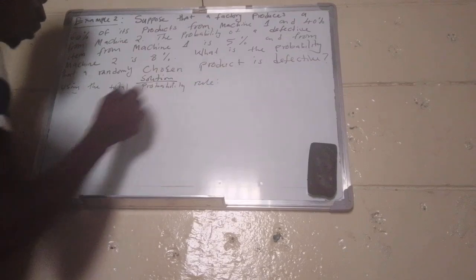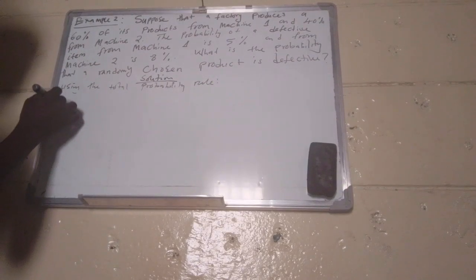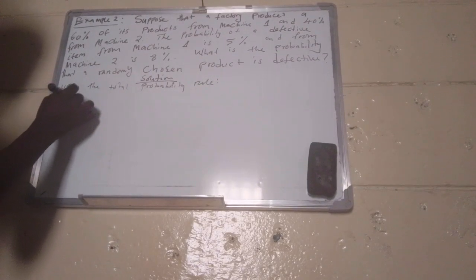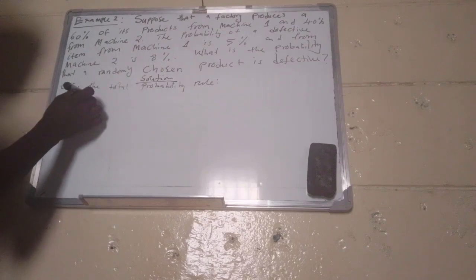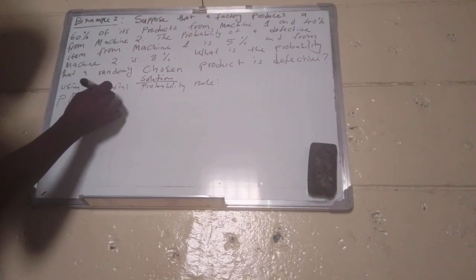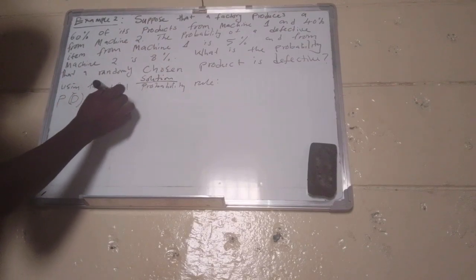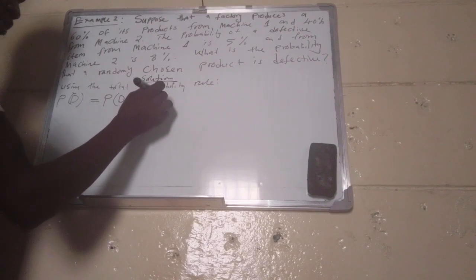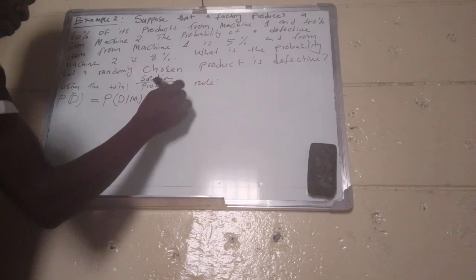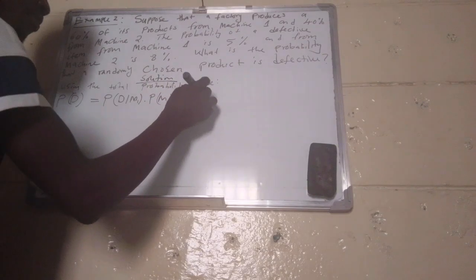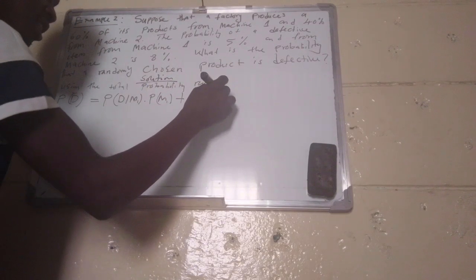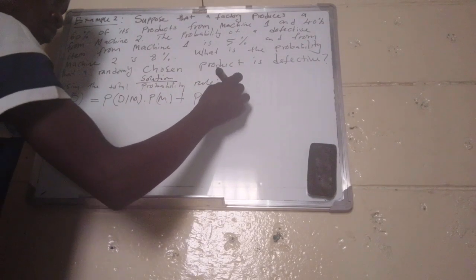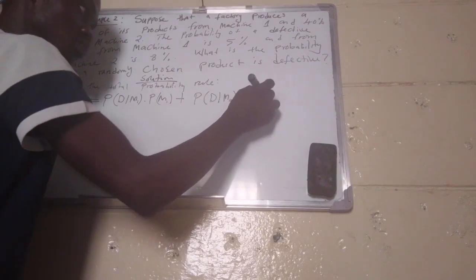What do we know under total probability? If we are talking about the probability that an item is defective, it means that we are talking about the probability that an item is defective given that it is from machine 1 multiplied by probability of machine 1, plus probability that an item is defective given from machine 2 multiplied by probability of machine 2.